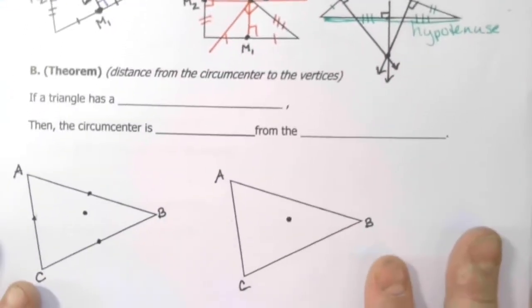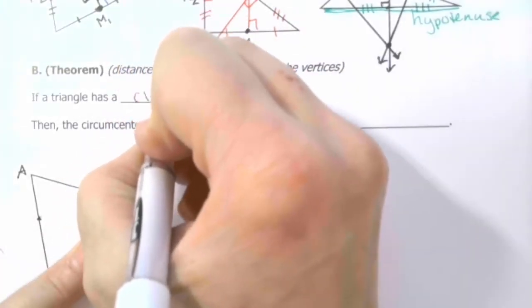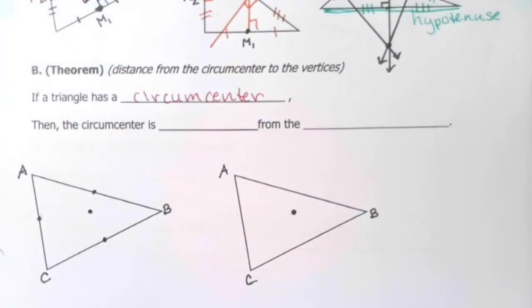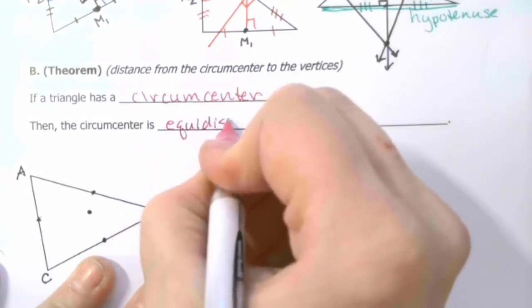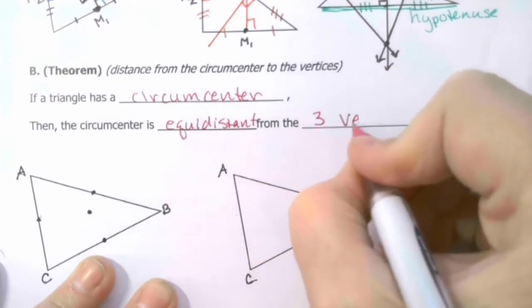Okay, so now we're going to do a theorem related to that. If a triangle has a circumcenter, which of course is where all three perpendicular bisectors meet up, then the circumcenter is equidistant from the three vertices.